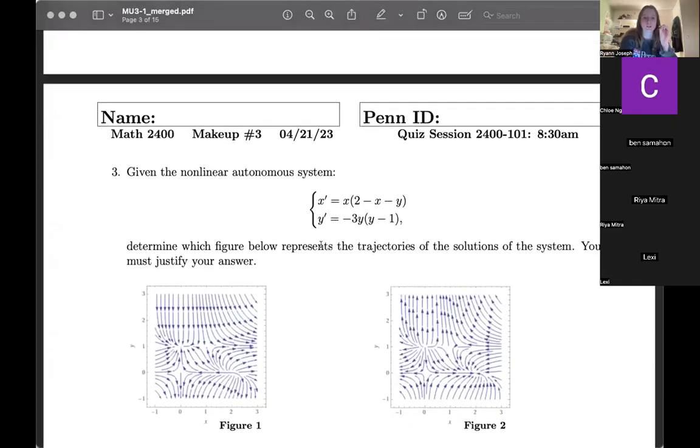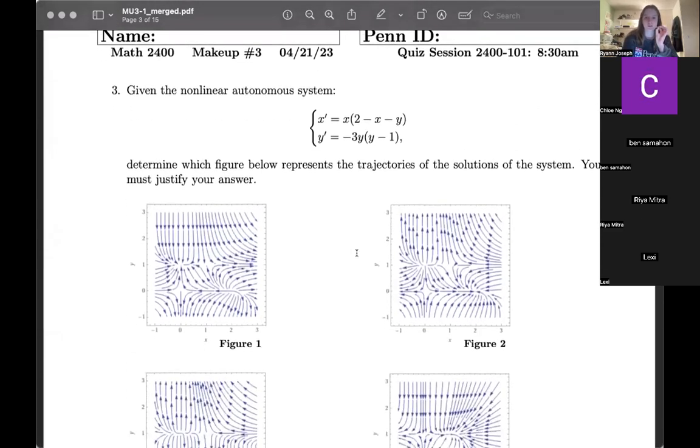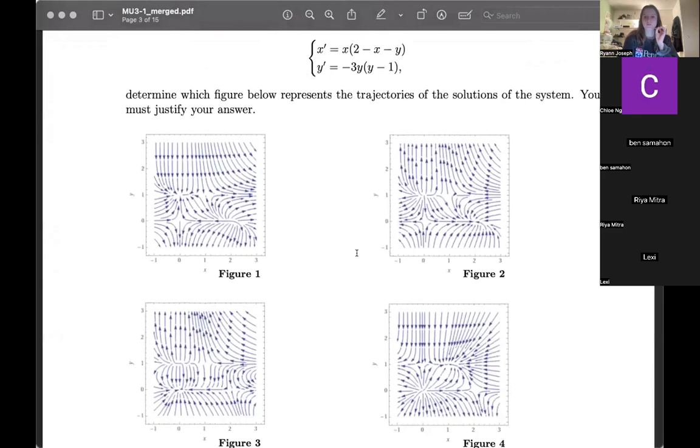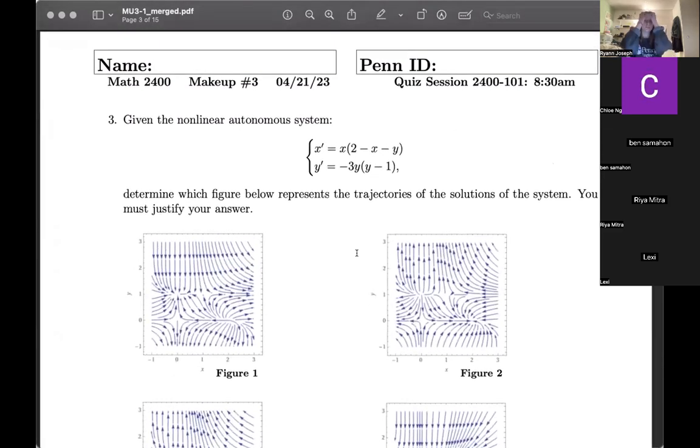So given the nonlinear autonomous system, these two, determine which figure represents the trajectories. So this is a slightly different question than they asked in week 6. But we look at this, we need to determine the critical points. And from the critical points, using the Jacobian, what does it look like? At the critical point is where that node, that saddle point, everything is going to happen.